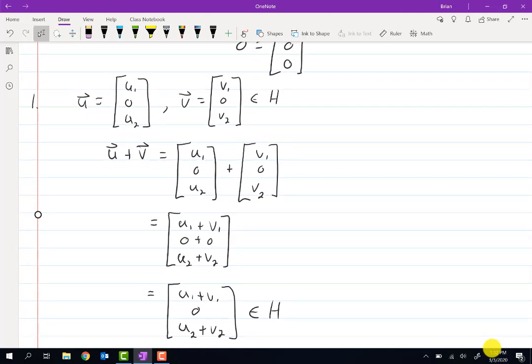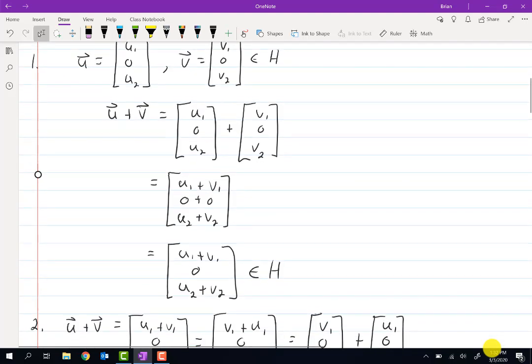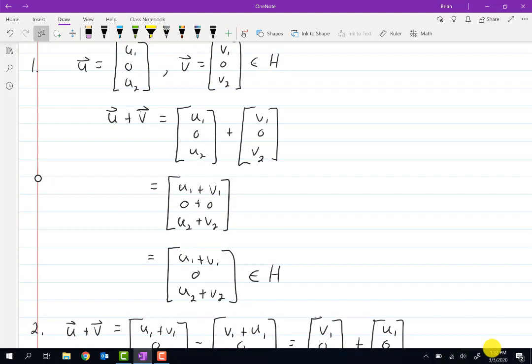If you look at this here for number 1, we have U plus V, and that had to be in H. So that doesn't mention anything about the vector space R3.